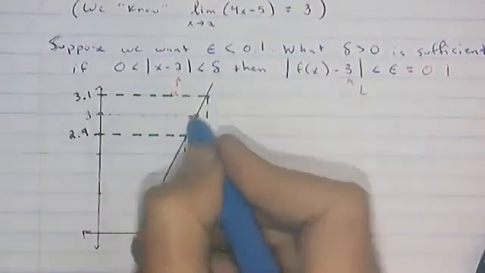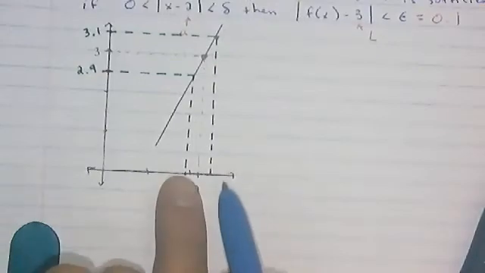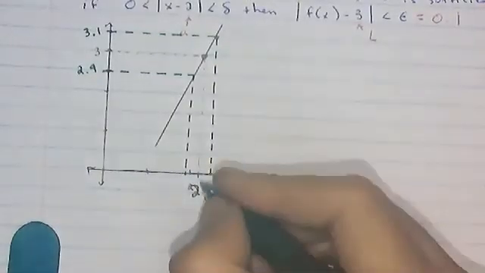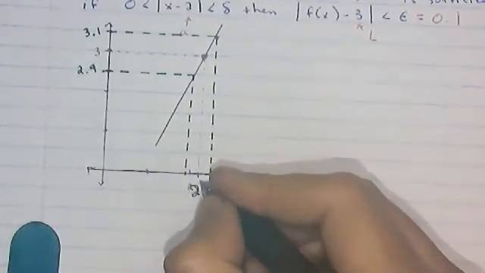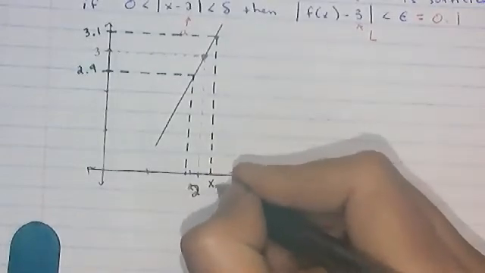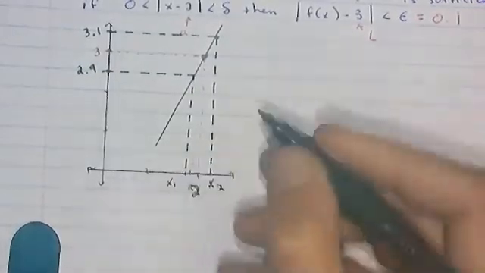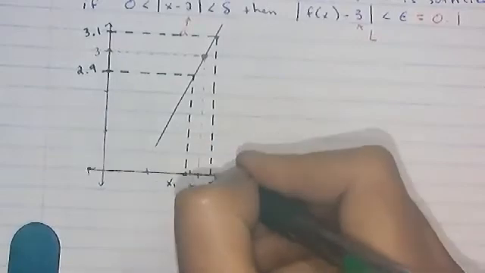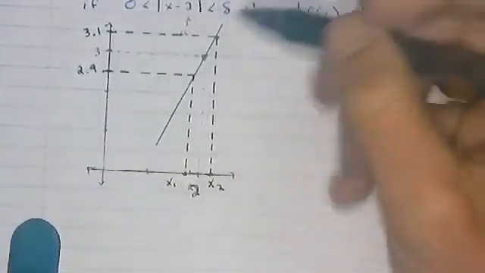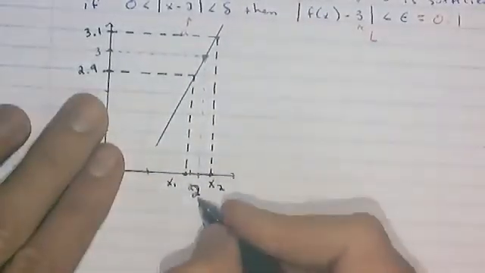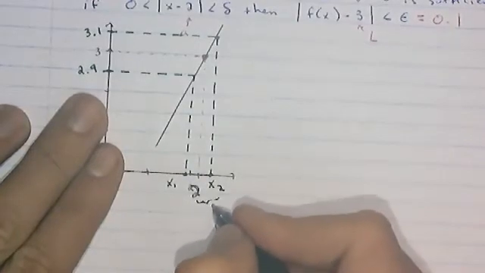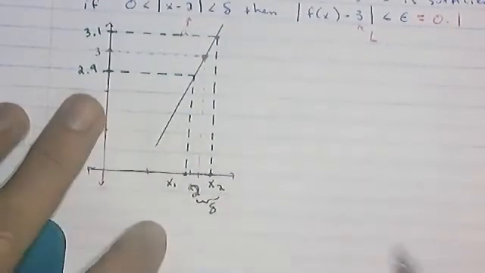Here's 3, and at 2, our function has a value of 3. So we are in search of delta. What is this x sub 2 and x sub 1? So these are locations on your x-axis that need to be within delta of 2.